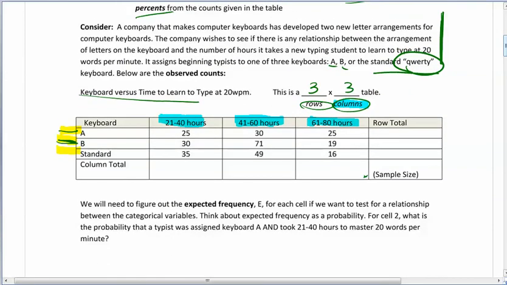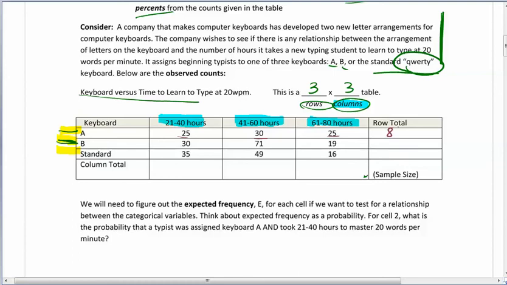Now, if you look, the counts are here, but the row total and the column total are not. The marginal counts, if you will, are not given. So let's fill those in. Our row total: for keyboard A, we had 25 that were between 21 and 40 hours, 30 between 41 and 60, 25 between 61 and 80.